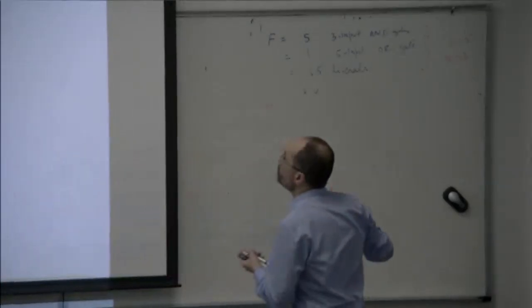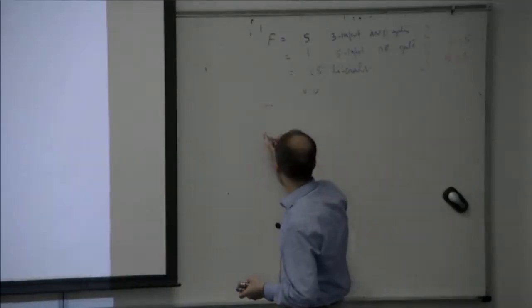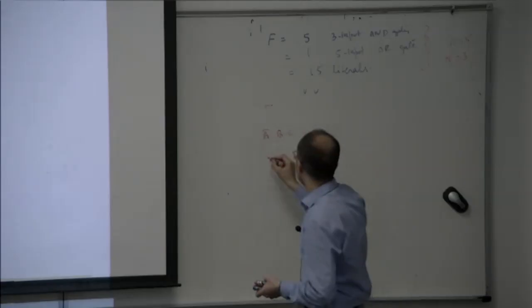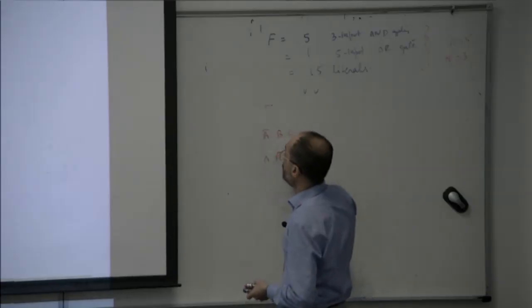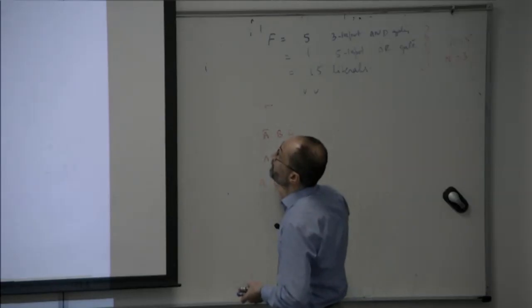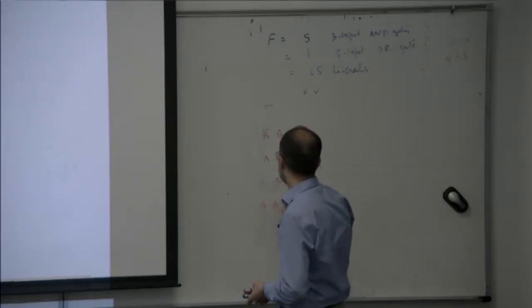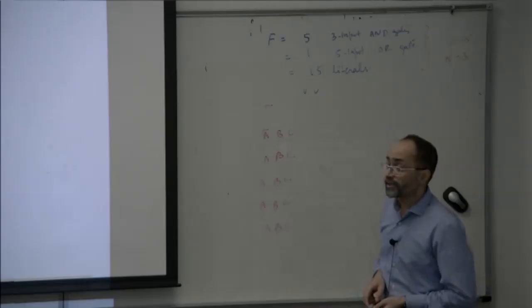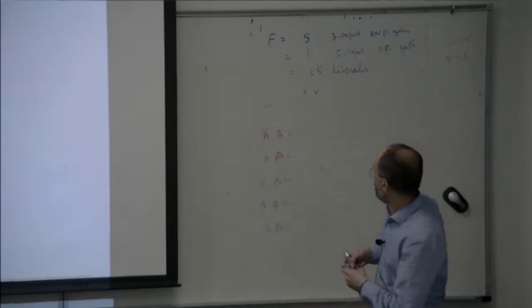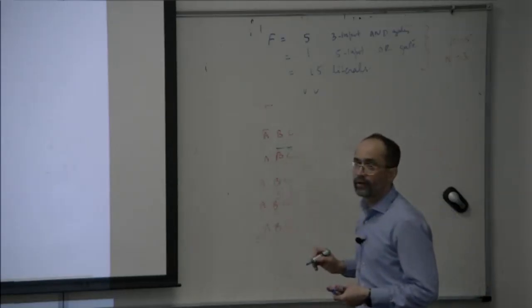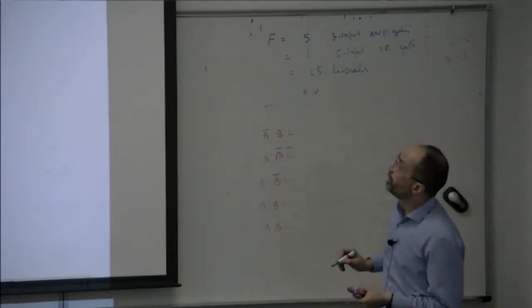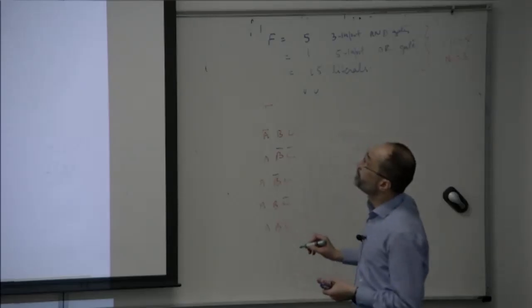Assume we have A bar B C, and then A B C, A B C, A B C and A B C. What is the first input? A bar B C. What is the second input? A bar B bar C bar. What is the third input? A B bar C. What is the fourth input? A B C bar. What's the last input?